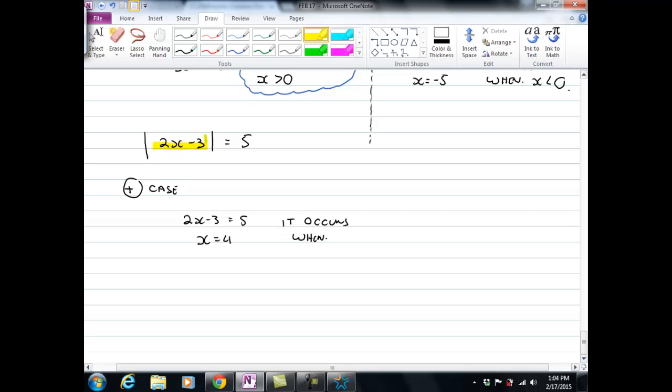When this whole entire thing is greater than 0. The positive case only happens when it's greater than 0. Solve for x right now for me. So x is greater than 3/2. On your quiz tomorrow, I want to see this, but I also want to see this statement: it occurs when x is greater than 3/2.